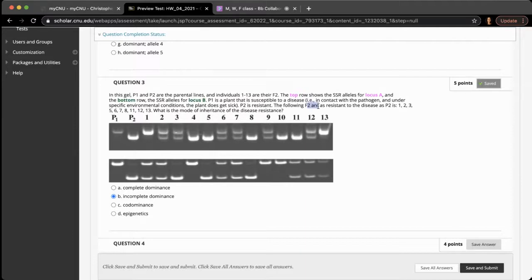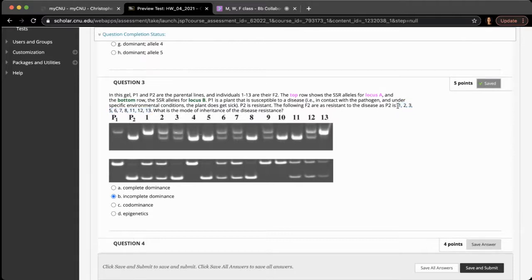So here I'm telling you that the F2 are resistant to disease, okay, then let's look at all of these guys here. And in this case, let's see if the heterozygote is exactly like one parent or not. So when I say they're resistant, I didn't say they're mildly resistant. So hopefully you know where I'm going with this.